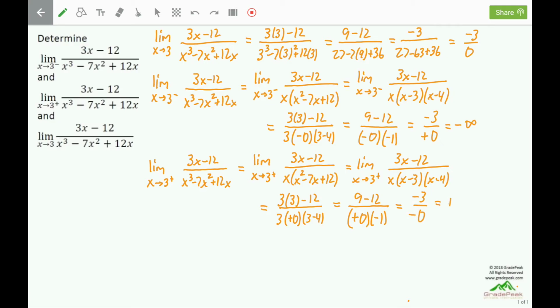A negative divided by a negative is a positive, and a non-zero divided by a 0 is an infinity. Now, the result of the right-sided limit will be positive infinity.